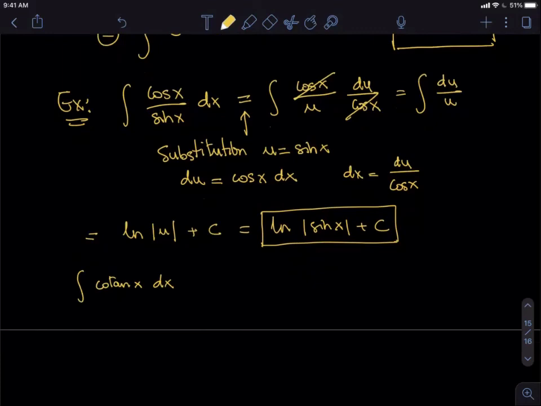If I write it like this, it may be a little misleading because we may feel, oh, I don't remember what is the integral of the cotangent. You're not supposed to remember. You just write it down, cosine of x divided by sine of x, and apply substitution.